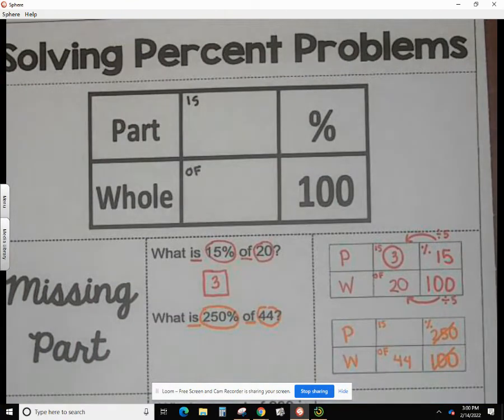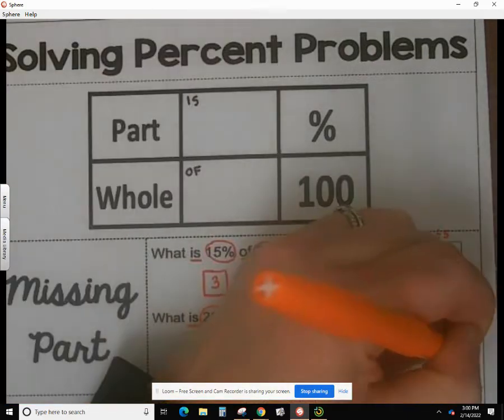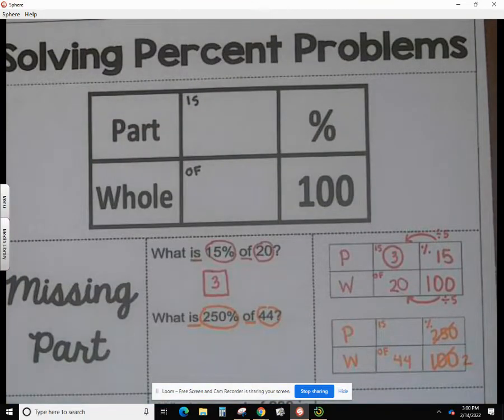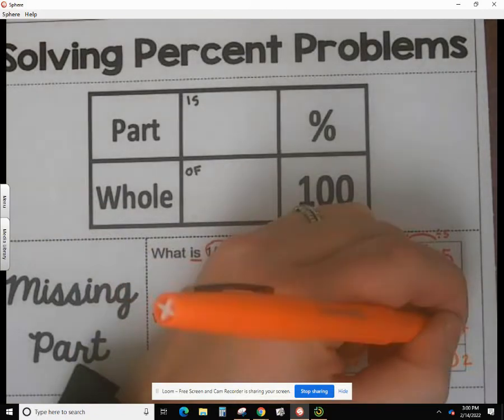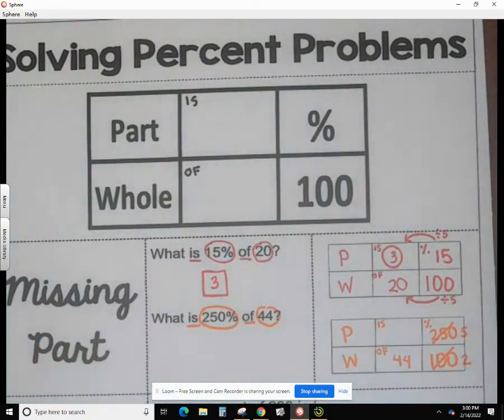So think of something you could divide 250 and 100 by. You could divide by 2, 5, or 10. I'm going to divide by 50, because if you can count by 5s, you can count by 50. 50, 100, so I'm going to change that to 2. 50, 100, 150, 200, 250. 50 goes into 250 5 times. So instead of 250 over 100, it's 5 over 2.